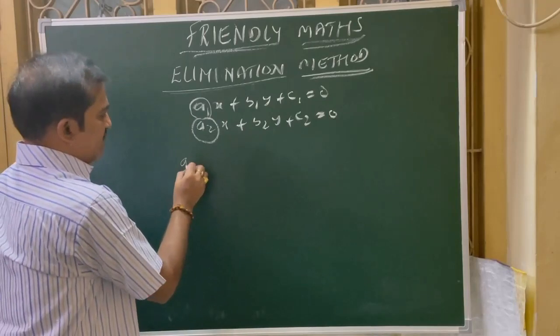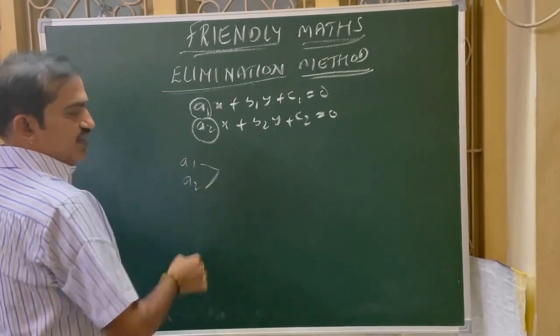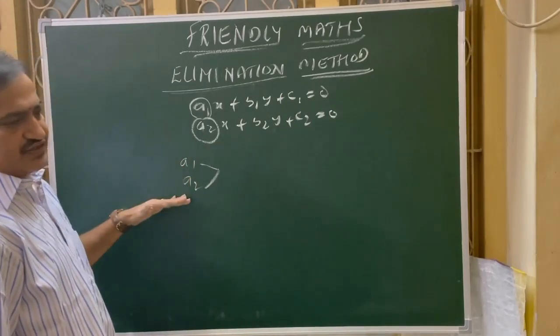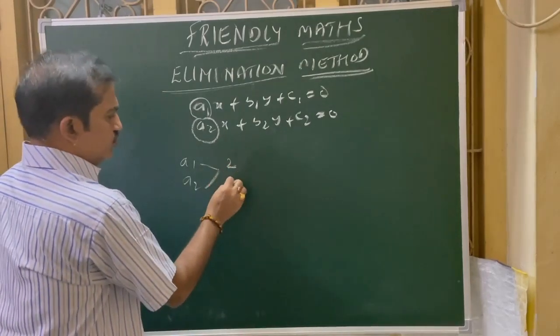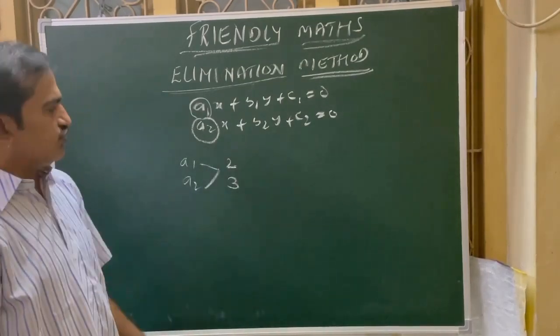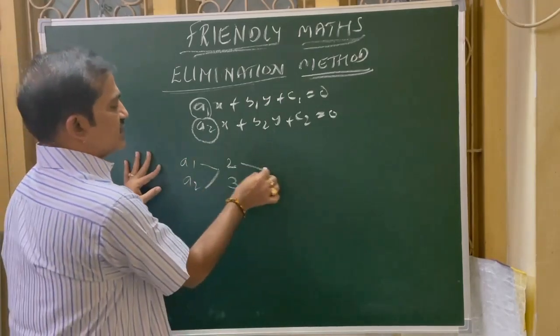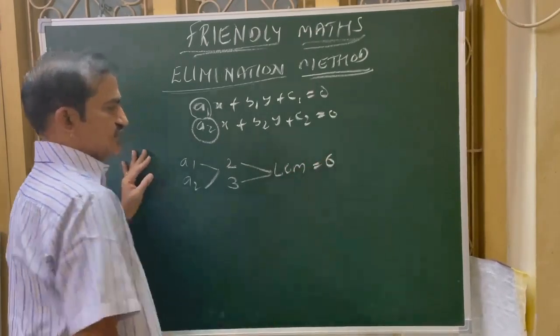Take a1 and a2 relatively prime. Relatively prime means there is no common factor. Relatively primes are co-prime. Take one example, 2 and 3. Those are relatively prime or co-prime. First of all, what is their LCM? LCM of 2 and 3 is 6.